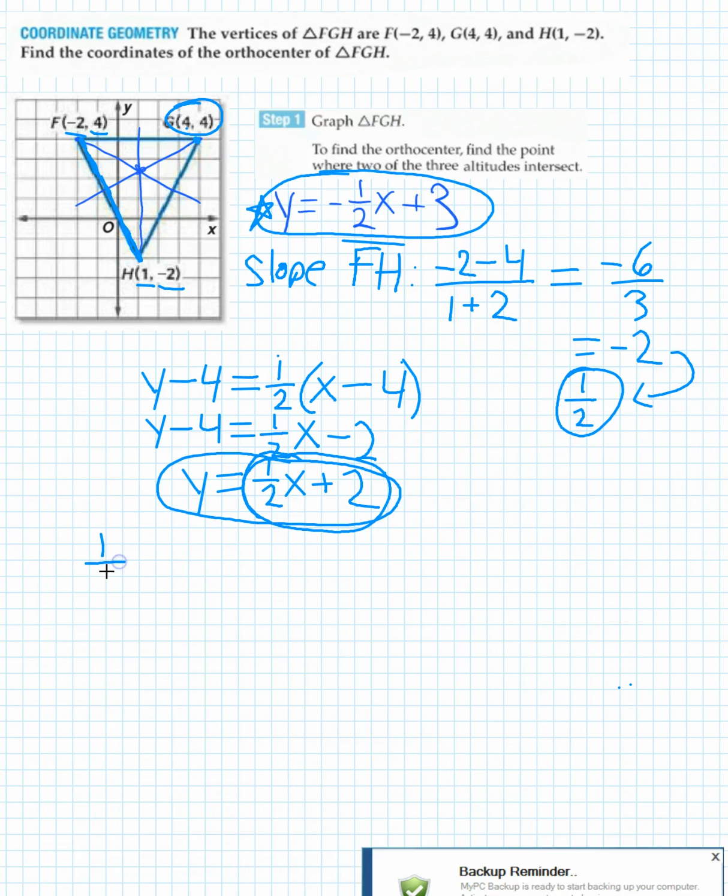All right, so let's go ahead and do that. So I have 1/2 x plus 2. And I'm going to set that equal to this one up here, which is negative 1/2 x plus 3.